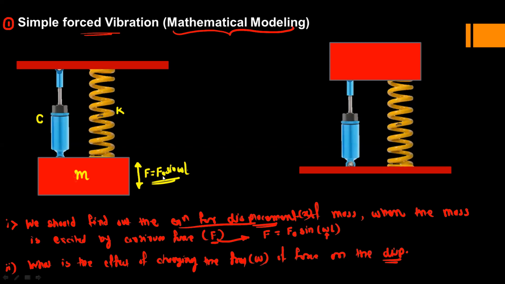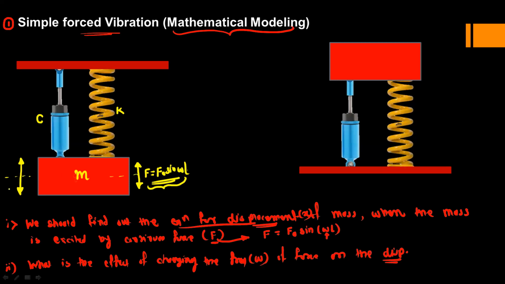So because of this force F0 sine omega t, this mass will start oscillating about its mean position. So suppose this is the mean position. So it will oscillate in this direction continuously as long as this force is acting on the mass.